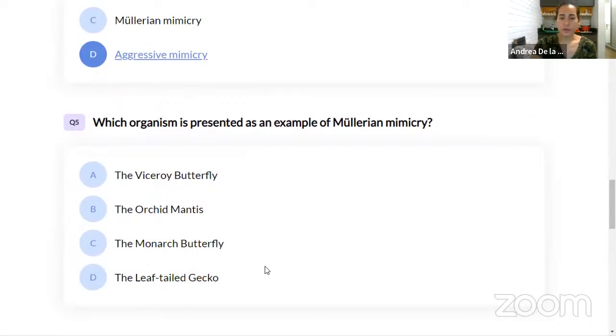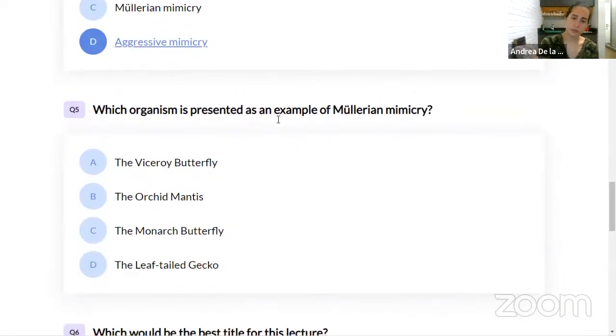What about this one, question 5? So, what's an example of Mullerian mimicry?